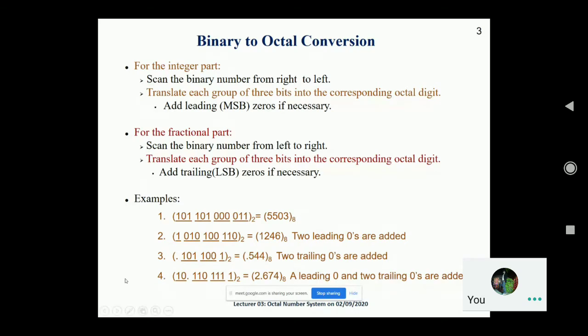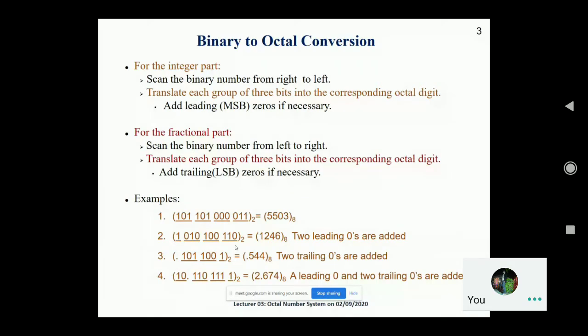How many bits are required to construct the 3-bit sequence? 2 bits are required, and we cannot use 1. We are using 2 zeros to make the 3-bit sequence. So we add 2 zeros to get 100, and 100 represents 4 in octal numbers.